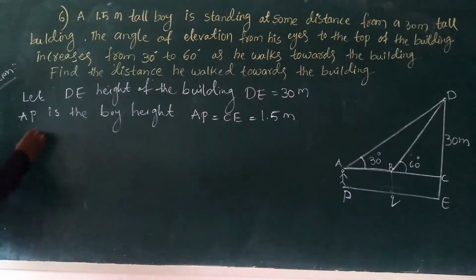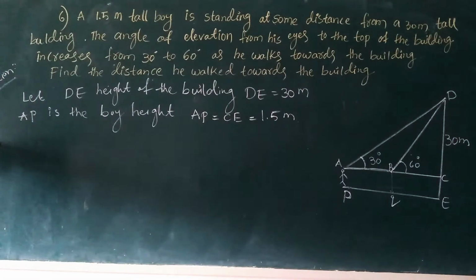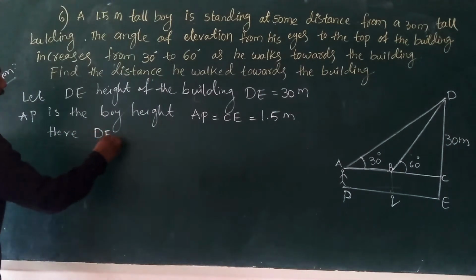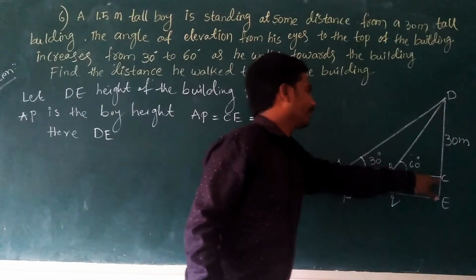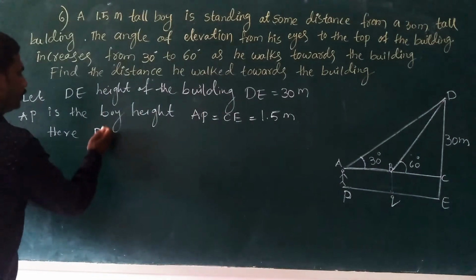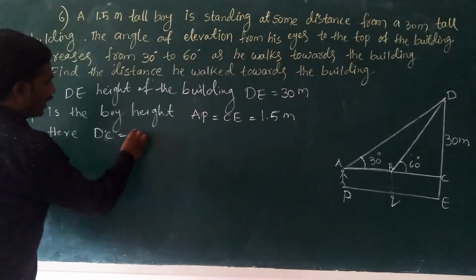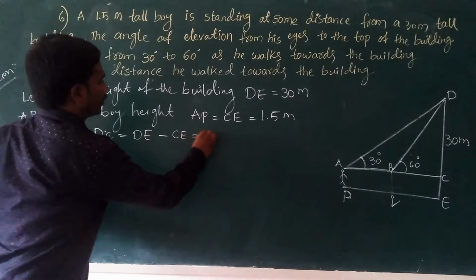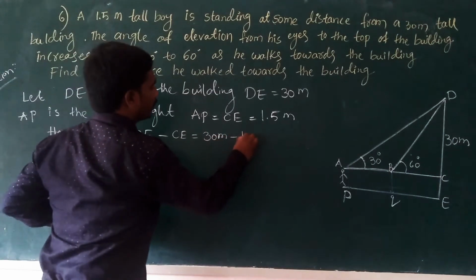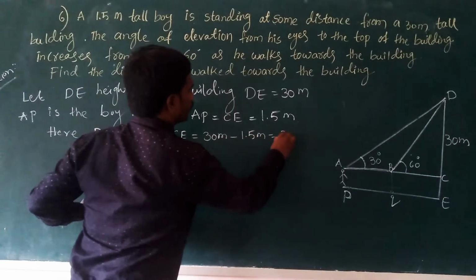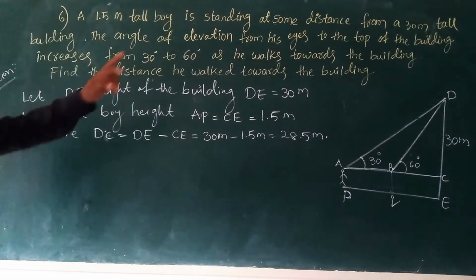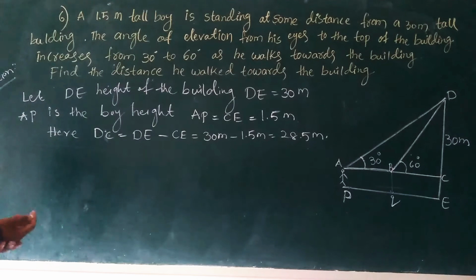Now DC is equal to DE minus CE. So DE, 30 meters, minus 1.5 meters is equal to 28.5 meters. So the DC height is 28.5 meters.